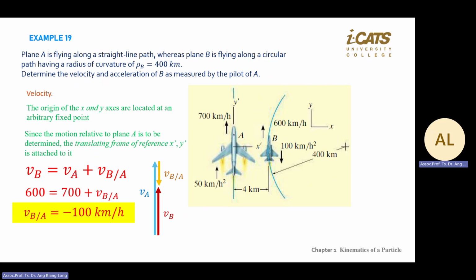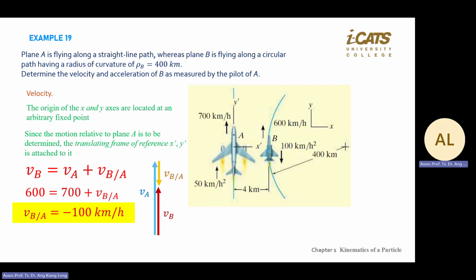Negative 100. So from this answer, that's why you can draw this vector diagram. From your calculation, you can convert VA and VB pointing up, but the final answer you get is negative, which means the arrow is pointing in the opposite direction. Okay. So this is how you solve for that.